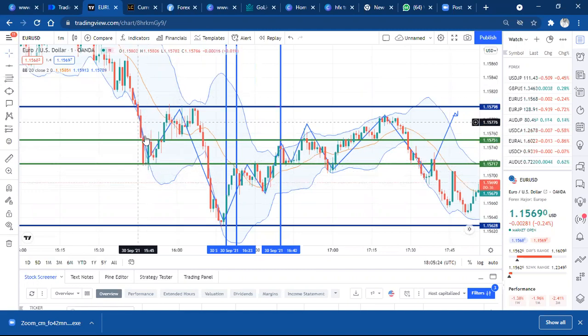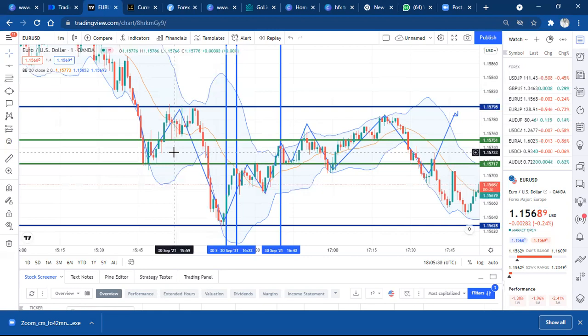And you can see that here. A lot of the time in powerful trends, what will happen is price will be surfing on the Bollinger Band, right? Okay, good. But when that is not the case, usually when price touches or goes near or breaks through the Bollinger Band, it will come down.